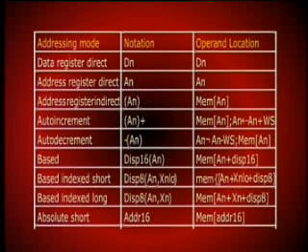The first row is an example of data register direct. Notation DN means the data register N, where the value of N is from 0 to 7, D0, D1, and so on. The operand is available in this data register straight away. So we have DN as the operand.